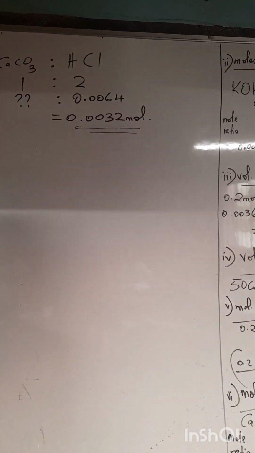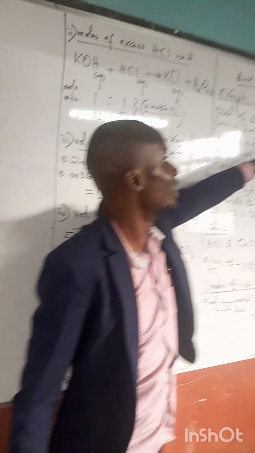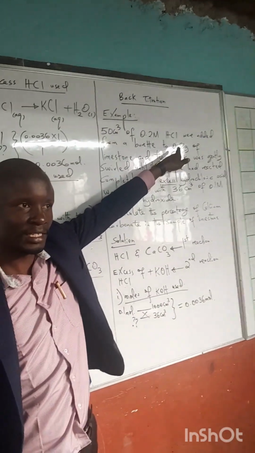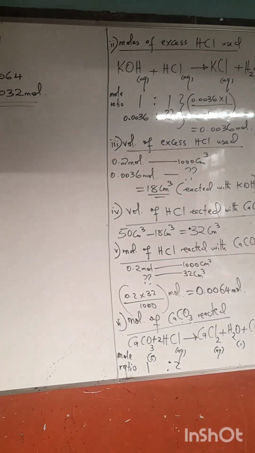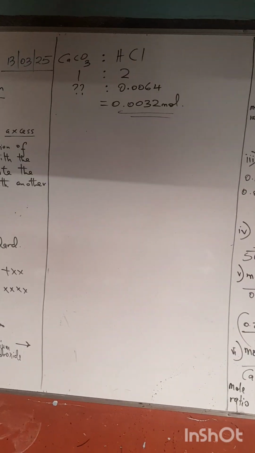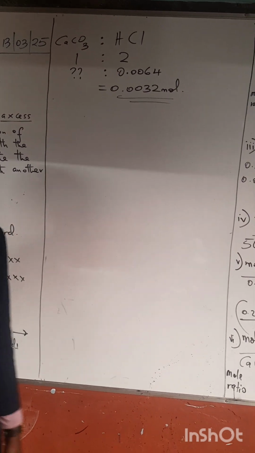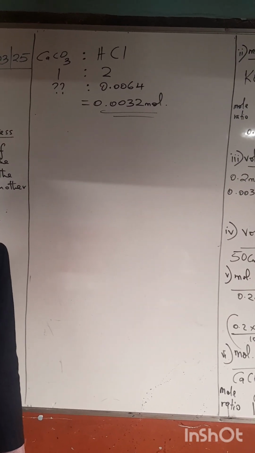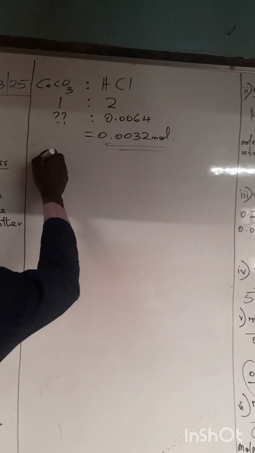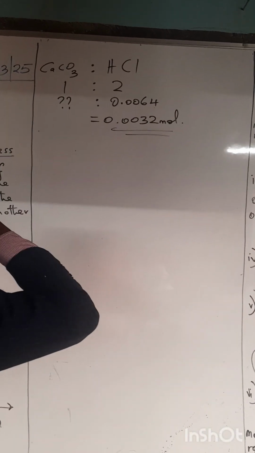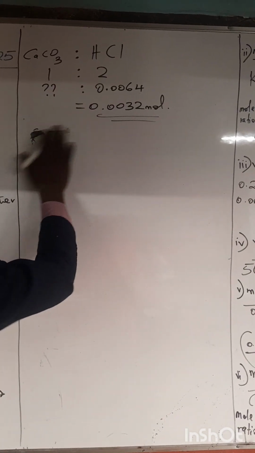Given now that we have moles and the equation provides mass, can we get the relative formula mass of calcium carbonate in the sample? Relative formula mass means the mass of 1 mole of a substance. So, relative formula mass.